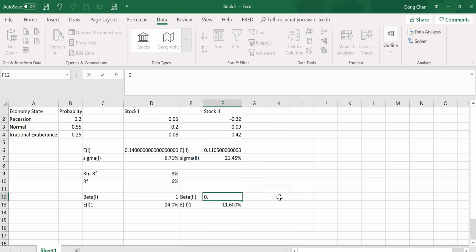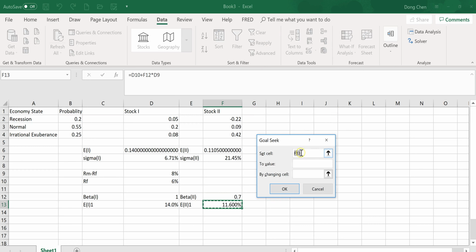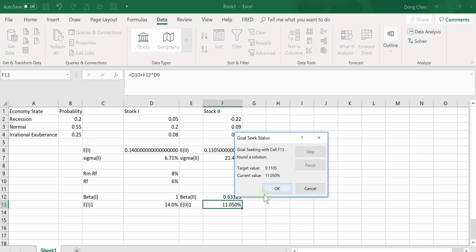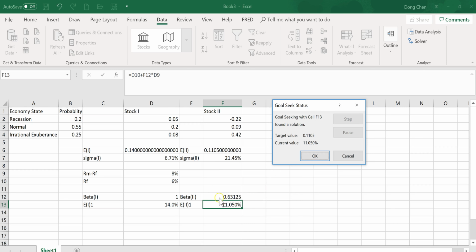Oh, I have to use this. Okay, so now Goal Seek to be 0.5 and change this by changing the cell. So now you see once the beta for the second stock becomes this number, then the expected return will be precisely equal to what we need.